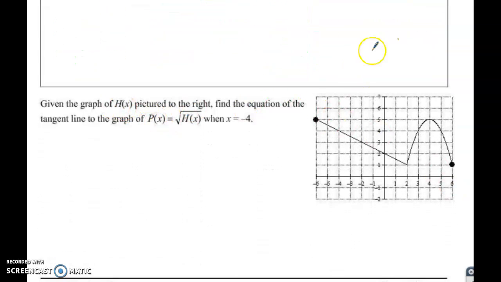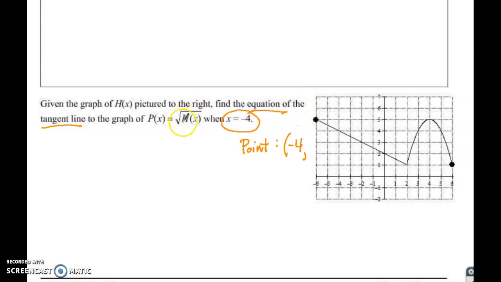So in this problem, obviously we're going to do more with the chain rule than just what we've established. So what I would do, if we're trying to find the equation of the tangent line at x equals -4, don't forget that you need the point. Well, what we have so far is -4 is the point.